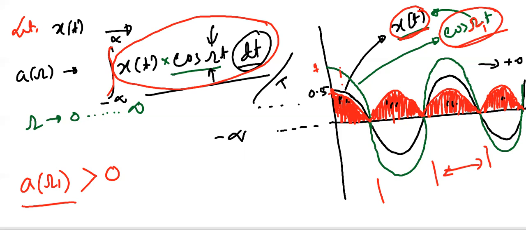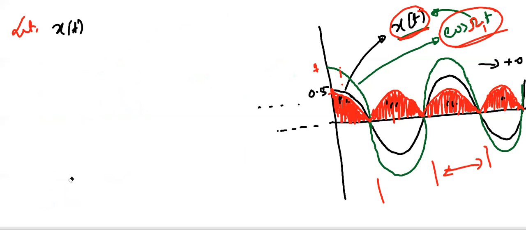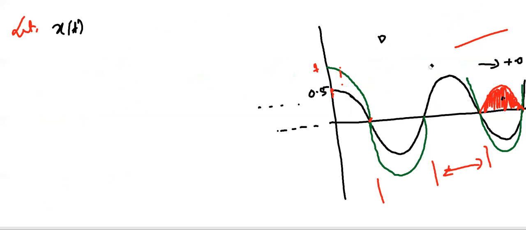Now we'll move to the B portion, how to calculate the B part. Okay, let me erase the things. I want to preserve the black line only.